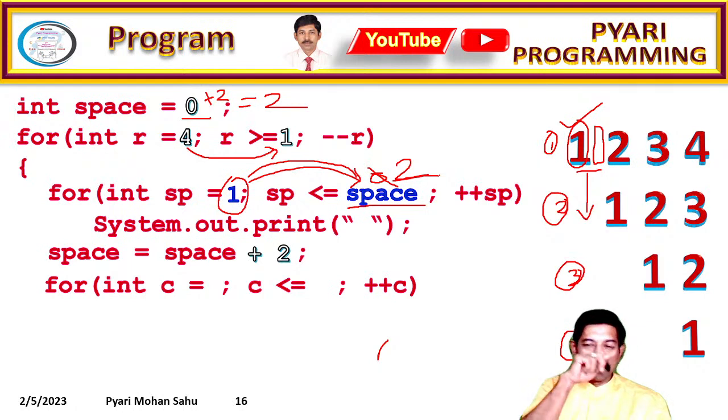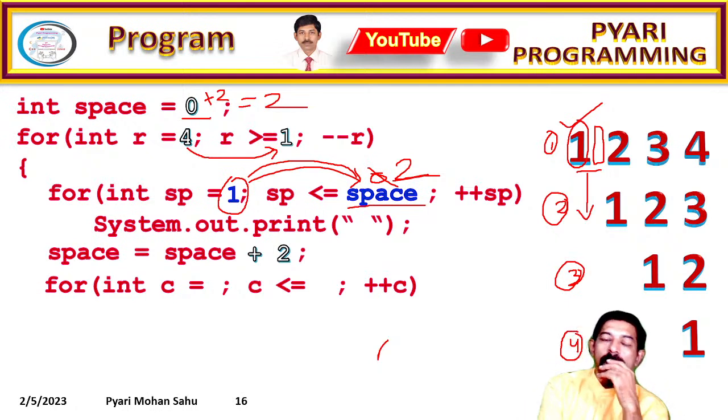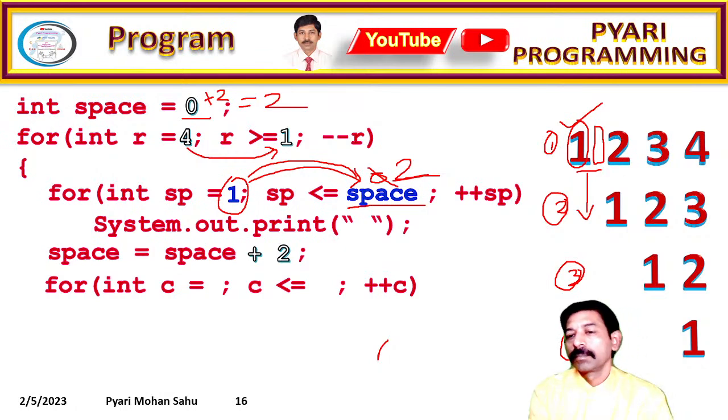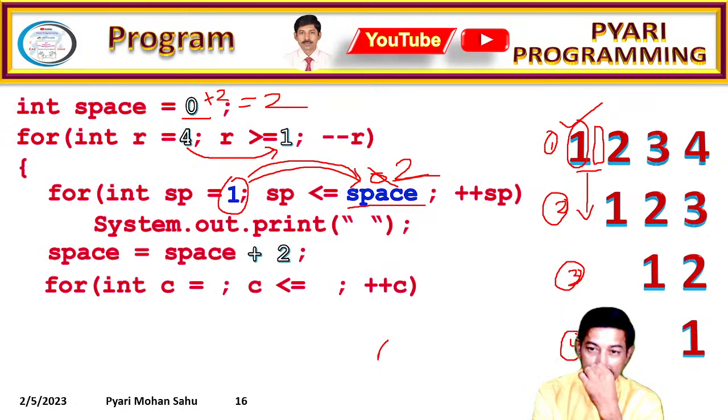Next column. Now this is for column. C is equal to how much? C is equal to 1. Good.